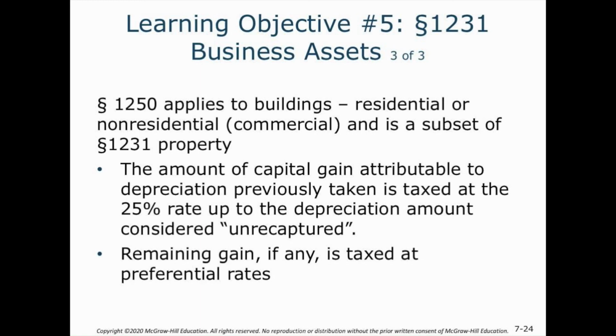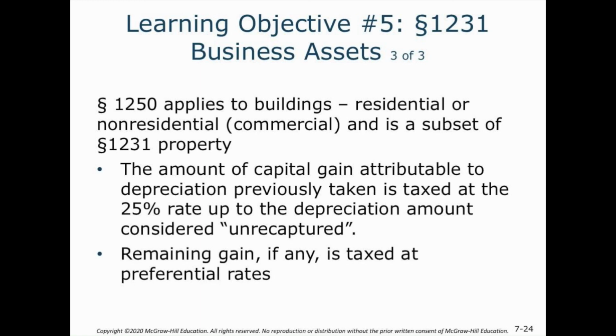Now, Section 1250 is similarly going to apply to commercial buildings when we're talking about our 1231 property. Here, we're largely talking about straight line depreciation, and we have a similar setup.